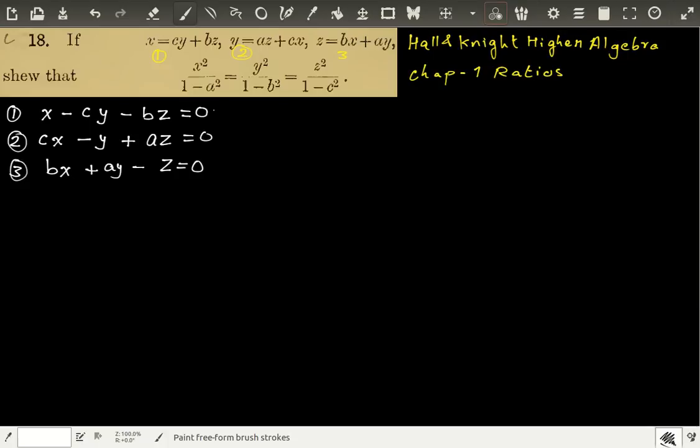Now from the first two equations we can find the relationship between x, y and z ratio by the rule of cross multiplication.